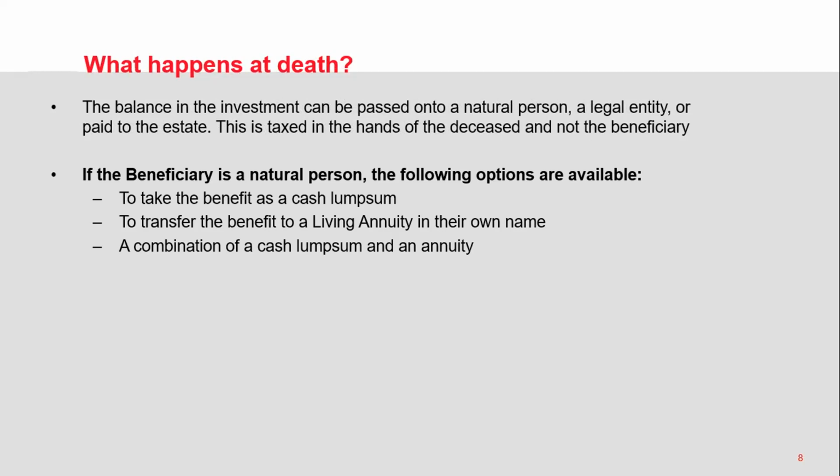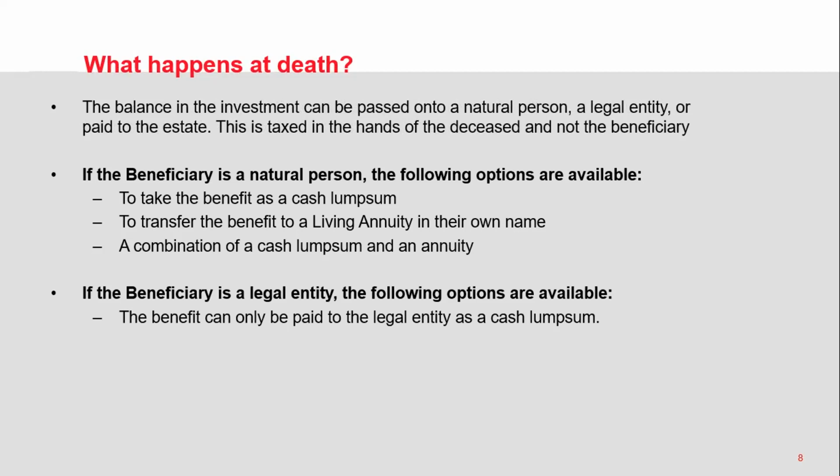So you can take a cash portion and transfer the balance to another living annuity. And one thing to note is that this is not age specific. So even if your beneficiary is below age 55 or 60 or 65, or whatever the retirement age is to access the living annuity, it's not age dependent.